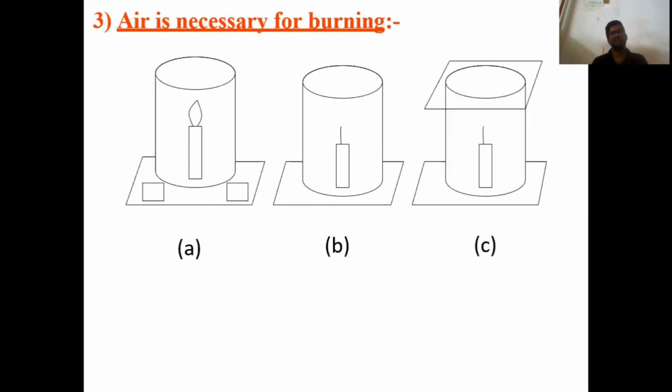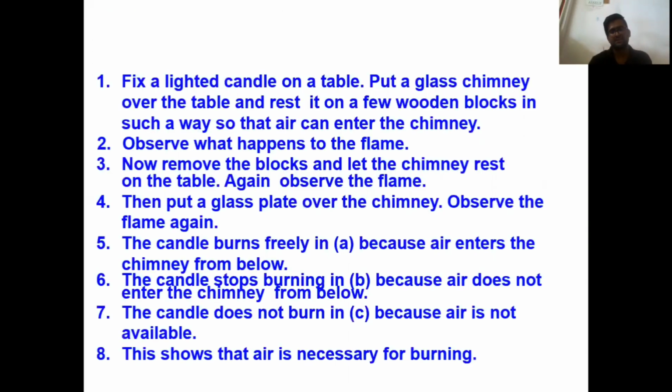So in the three figures: in figure A, the candle is burning because air is entering from below; in figure B, the candle stops burning because air is not available; and it also cannot burn in figure C because air is not available. So this shows that air is necessary for burning.